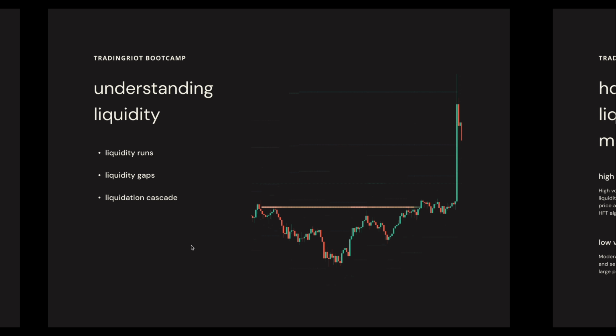People talk about the resting stops in the market and strategies that involve stop hunting or false breakouts and so on, but it's not complicated to understand where stops are resting, as most retail traders put them beyond key swing points, double bottoms, double tops, daily swing highs and swing lows.